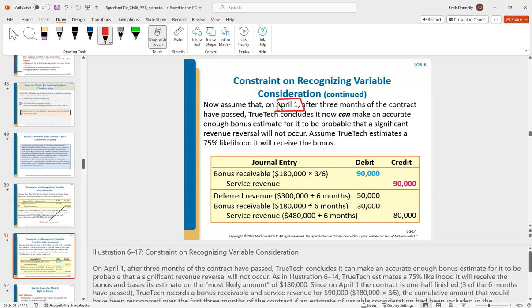But then they say, on April 1st, we thought it was bad up front, but now it's good. The facts and circumstances tell us that we're going to get the bonus, because it's reasonable to expect that. You would continue to account for the bonus in there.